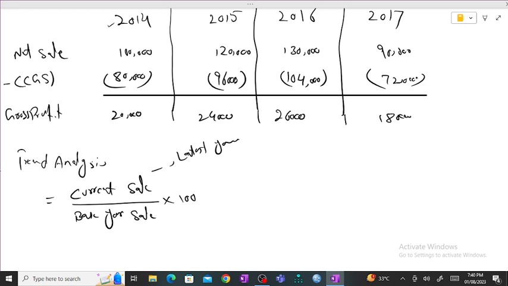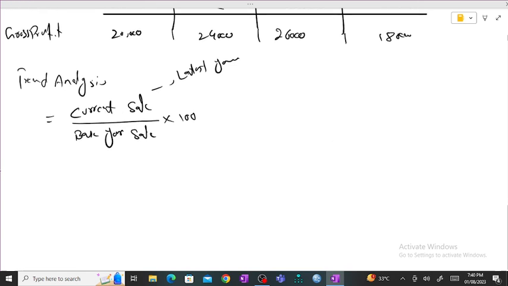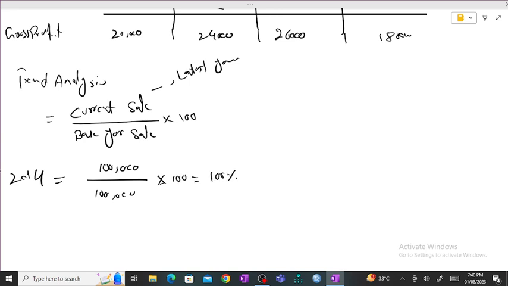Let's say for 2014, the current year sale is 1 lakh, and the base year we also have 1 lakh. So 1 lakh divided by 1 lakh multiplied by 100, so we will get 100%.